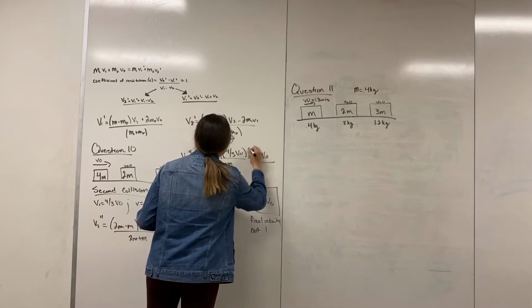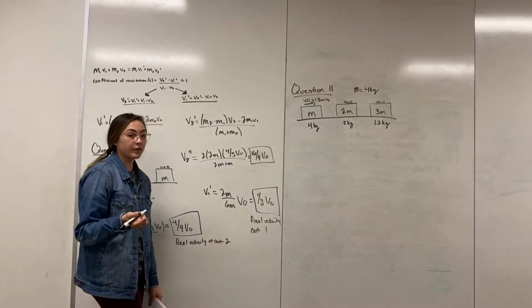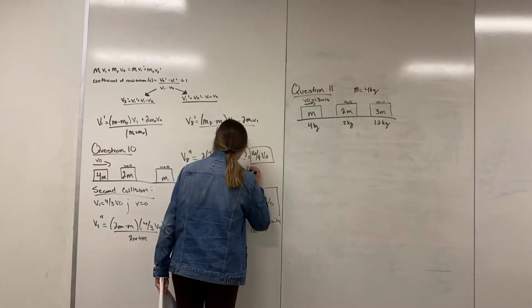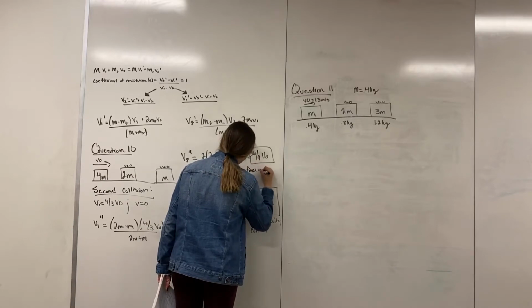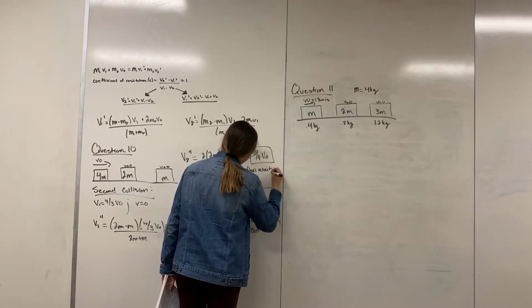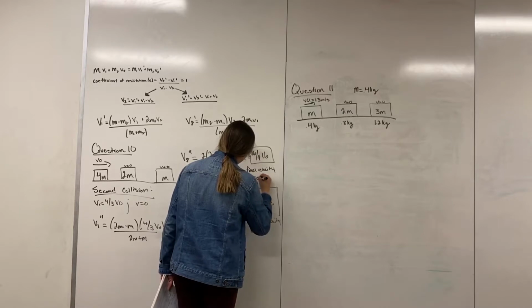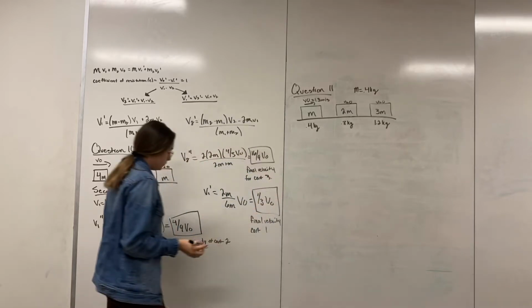So our answer was 16/9 VO, and that is the final velocity for cart 3. And there you have it.